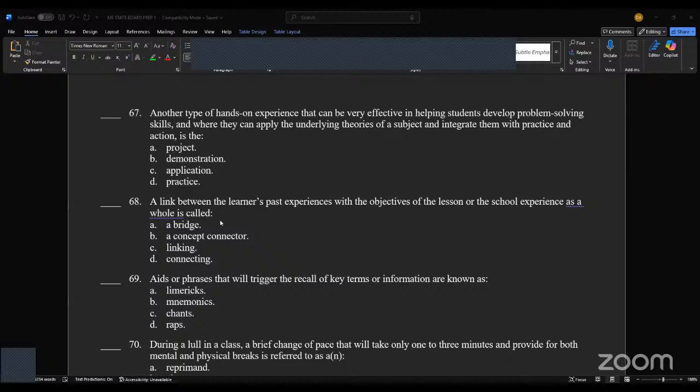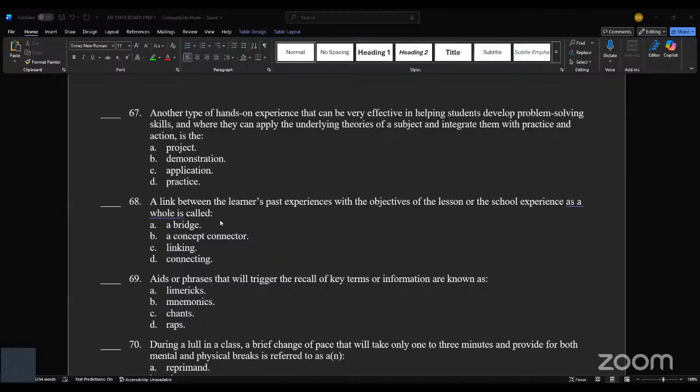68, a link between the learner's past experiences with the objectives of a lesson or the school experience as a whole is called a bridge, a concept connector, linking or connecting. Okay. A link, aka connector, something that connects between the learner's past experience with the objective and the lesson or school experience as a whole.